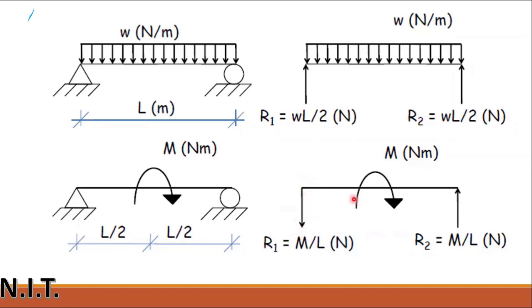This is downward, this is upward. Because of this moment, these directions can be changed. If this is downward, then this must be upward. If R1 is upward, then R2 will be downward. If R2 is upward, then R1 should be downward. Clear?